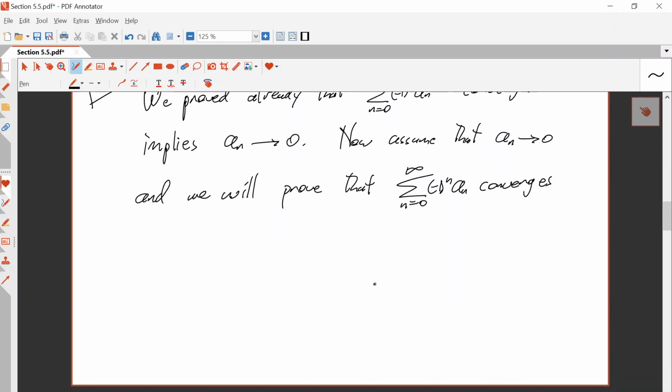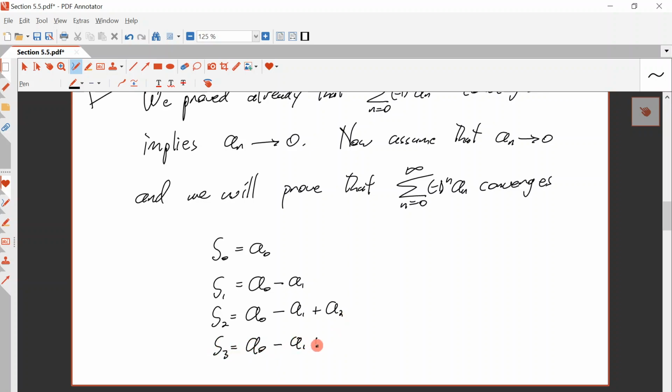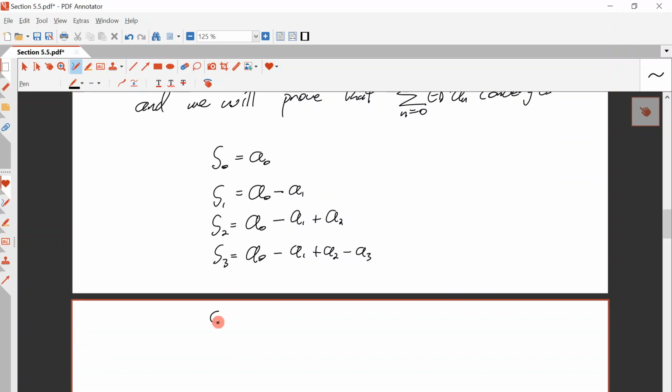Well, let's look at the partial sums. The partial sum S0 is equal to a_0. The partial sum S1 is a_0 minus a_1. The partial sum S2 is a_0 minus a_1 plus a_2. S3 is a_0 minus a_1 plus a_2 minus a_3. S4 is a_0 minus a_1 plus a_2 minus a_3 plus a_4, and so on and so forth.